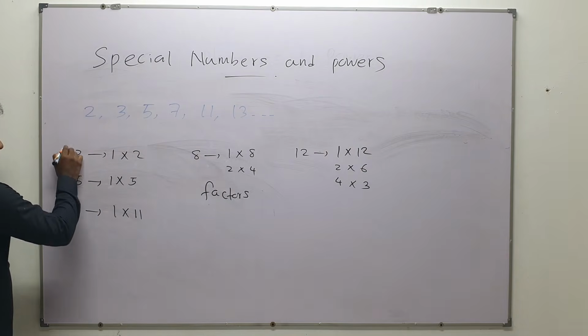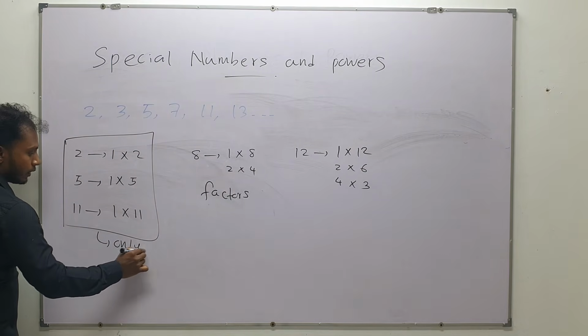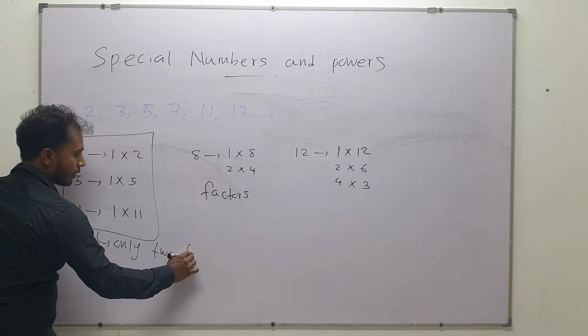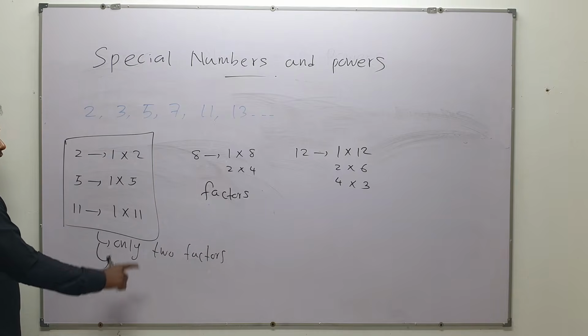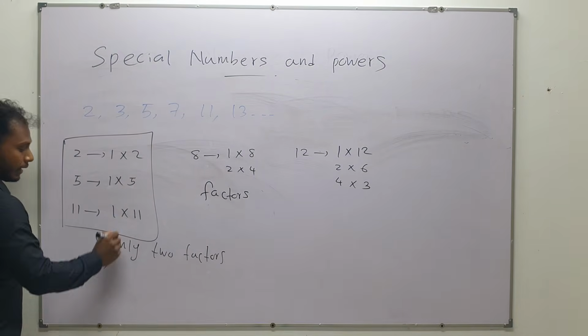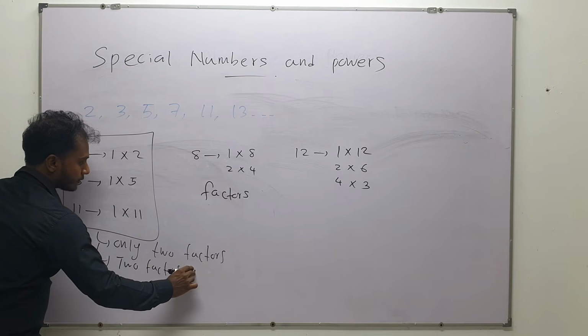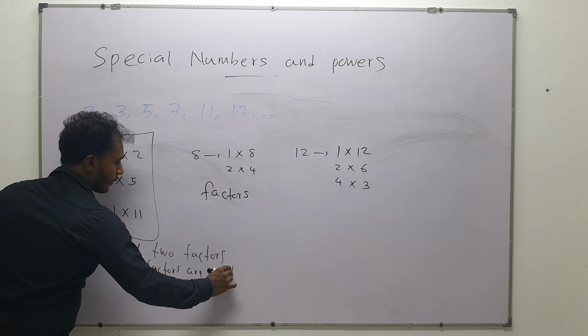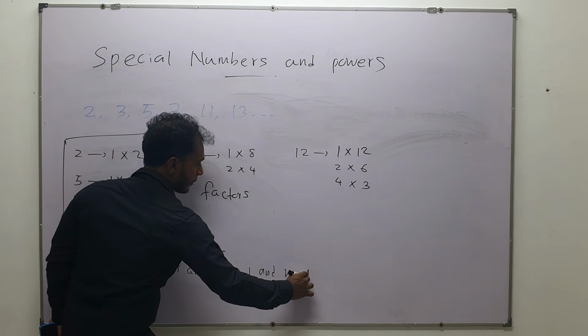So these prime numbers have only 2 factors, and what is the other special thing? Those 2 factors are the number 1 and the number itself.